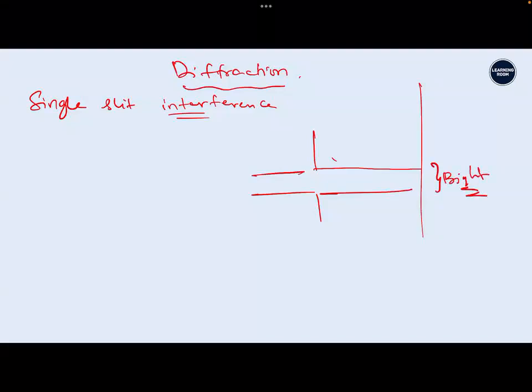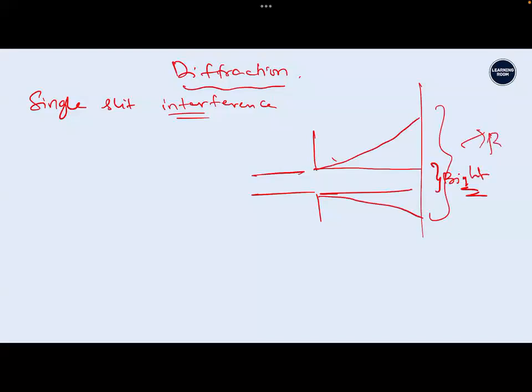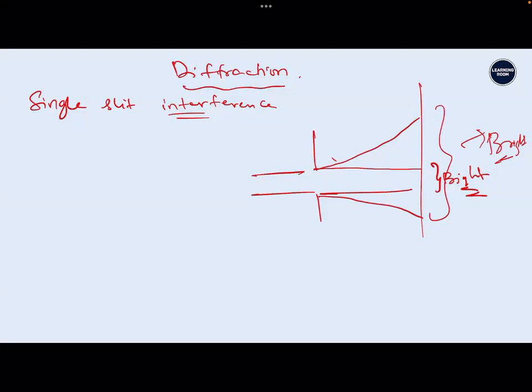But in reality, what happens is after the light strikes an obstacle, it starts bending in such a way that this part itself will be bright. So why is this happening? It is because light is a wave, and waves have the property of getting bent at an obstacle.